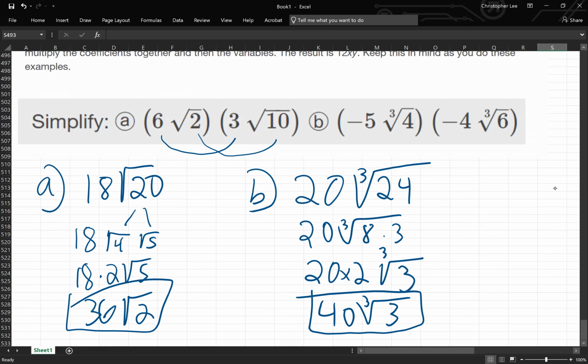All right. Questions on this? The sheet becomes a little loud.